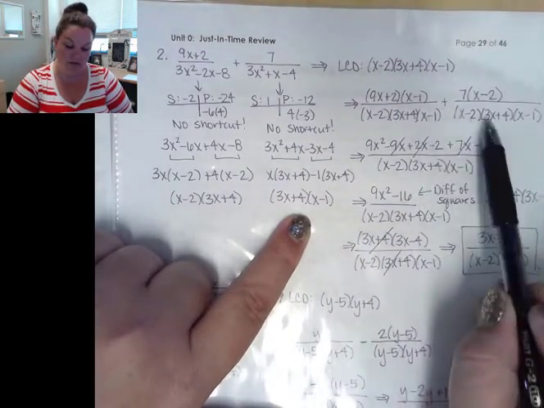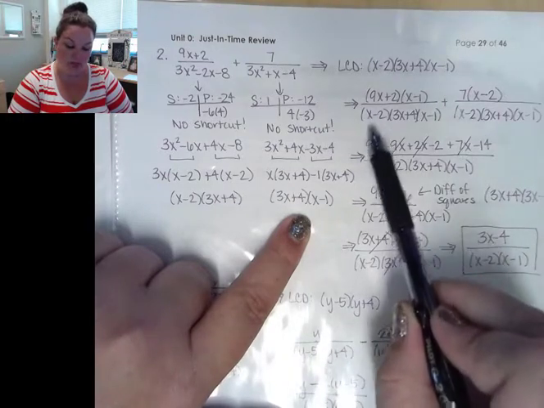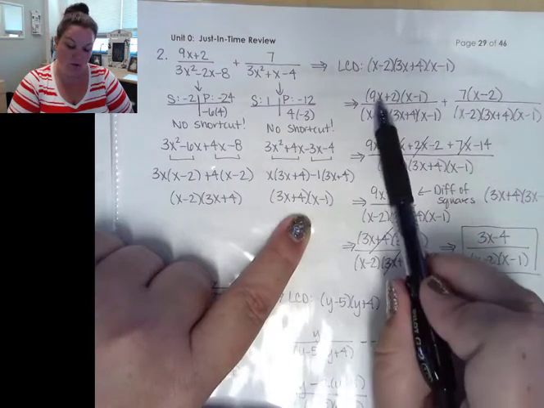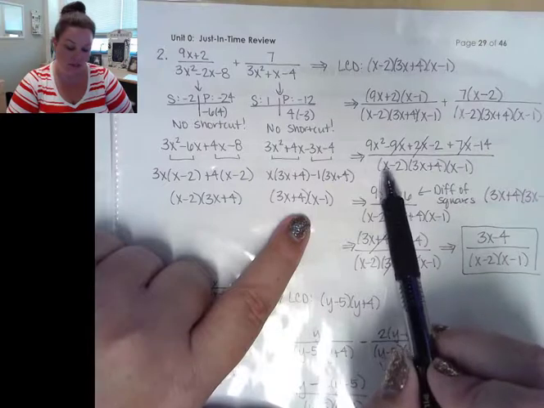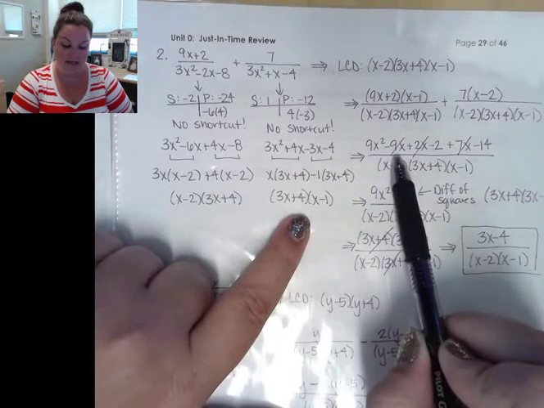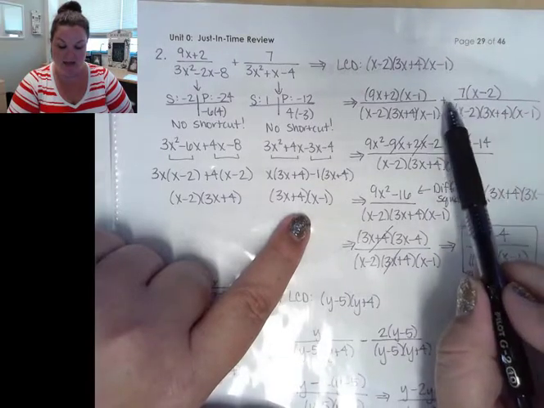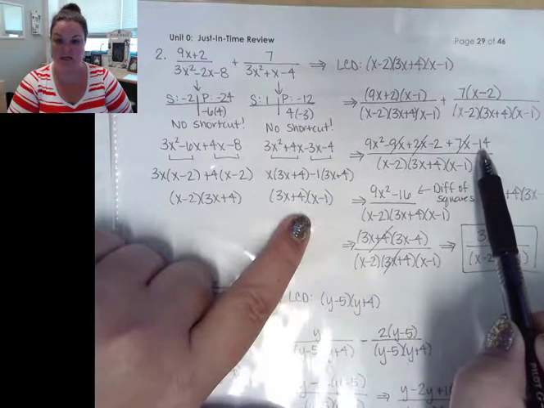So once the denominators are the same, I can write it as one fraction by just multiplying out the tops and adding them, okay? So when I multiply out this piece, FOIL it, distribute it, whatever your method is, I should get 9x squared minus 9x plus 2x minus 2. And then I'm adding that to what I get when I distribute this out, which is 7x minus 14.